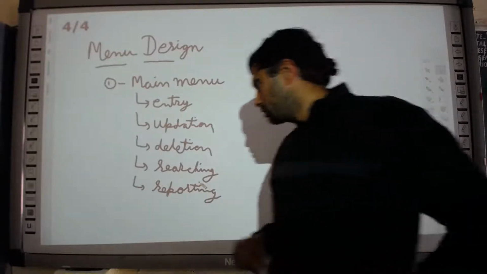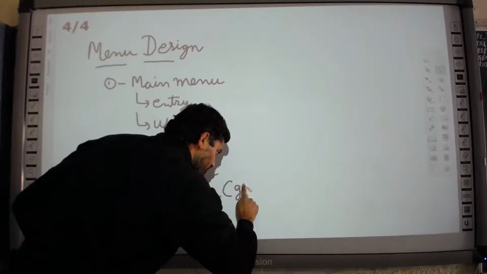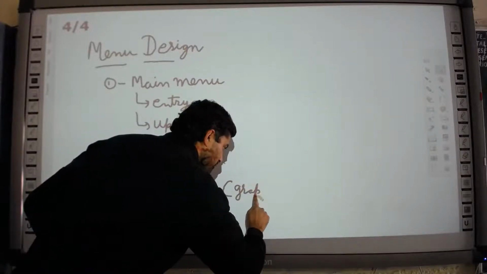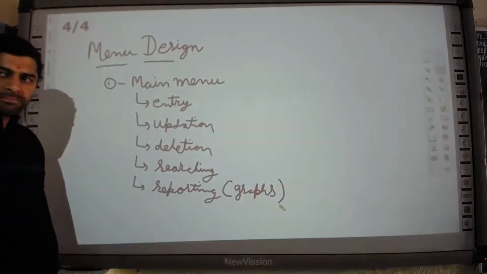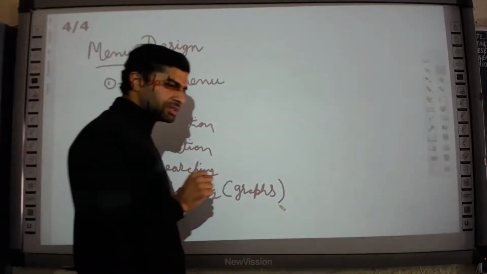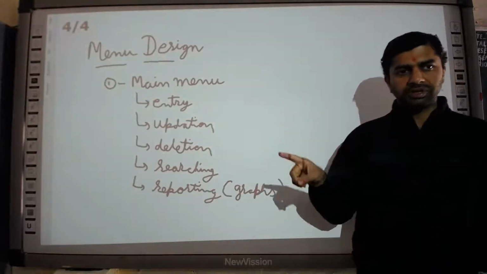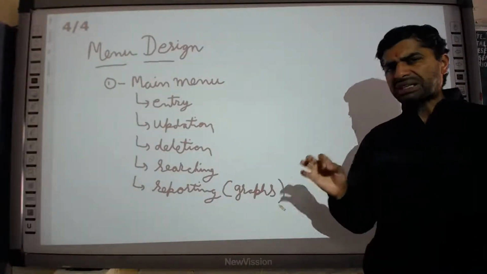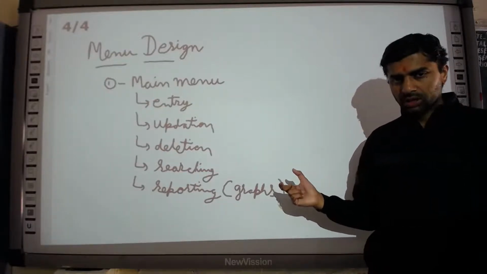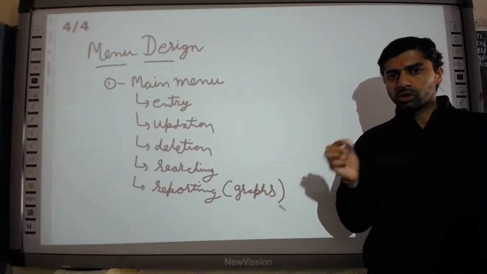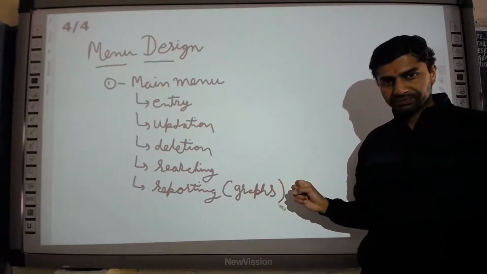Here you must use graphs. The graphs have been removed from your computer science syllabus, but they were there in previous years. They are very easy to understand and very usable. You can go through the book of the previous year and easily understand all the concepts related to graphs.